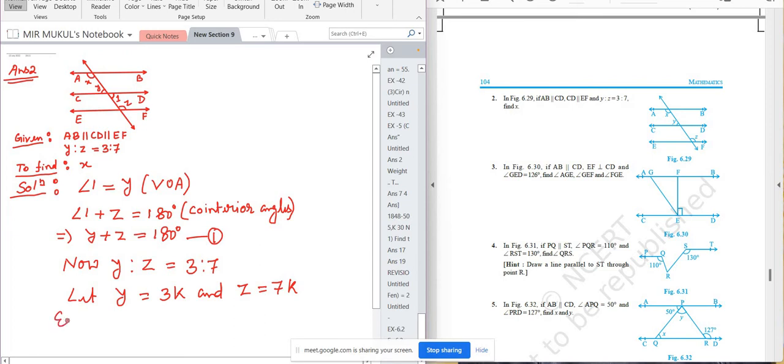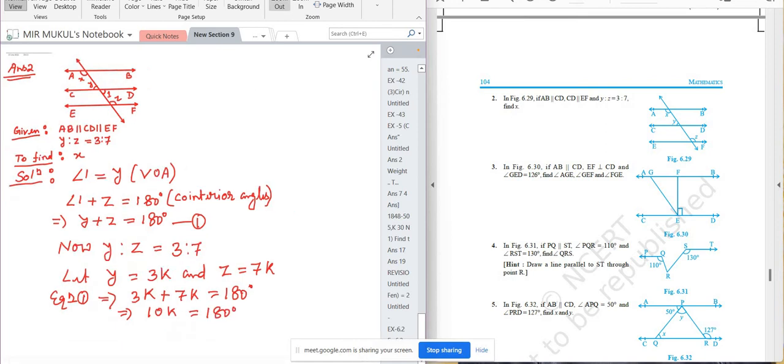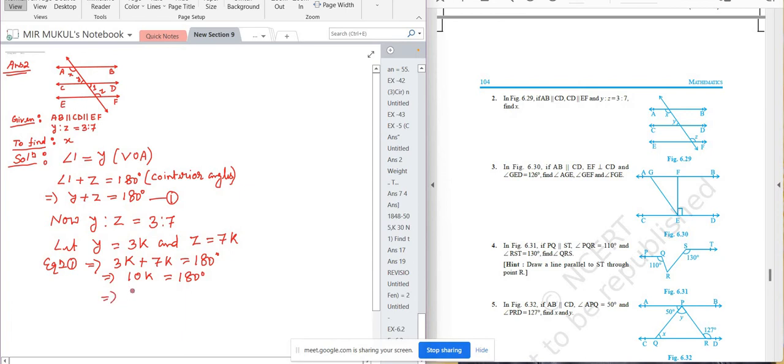Now equation 1 implies, just put the value of y, 3k plus 7k equals 180 degrees. So 10k we are getting 180 degrees. So k equals 180 by 10.